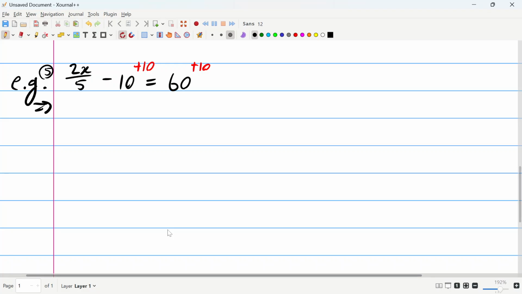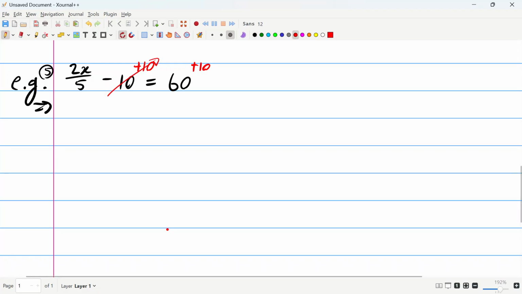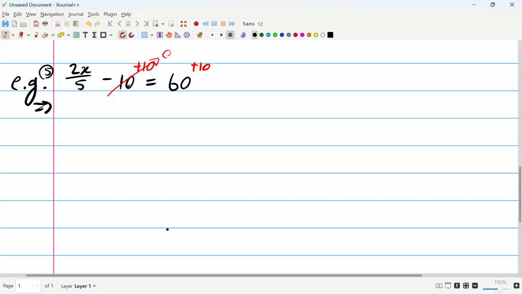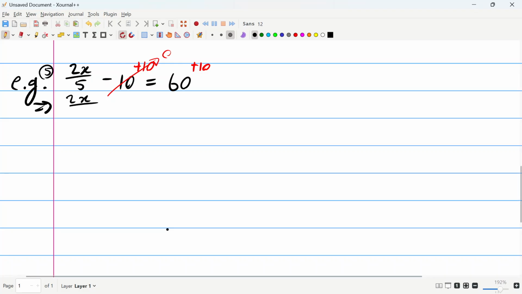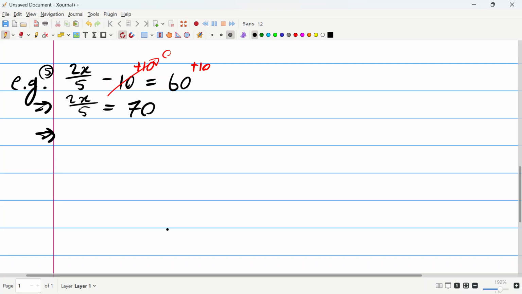Okay, so notice, this will cancel and give us 0, because minus 10 plus 10 is 0. So 2x over 5 is what remains. And then 60 plus 10 is just 70. Okay. So here we are left with 2x over 5.